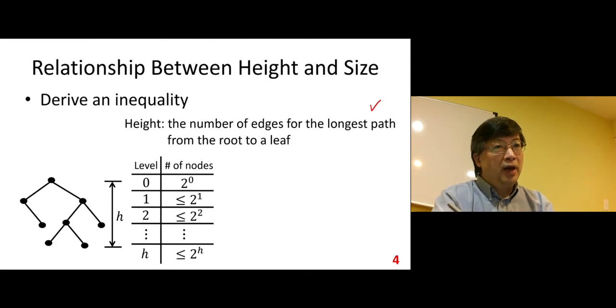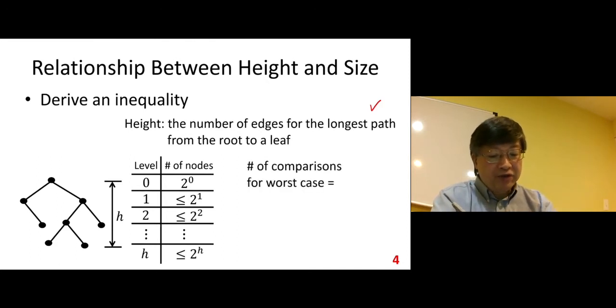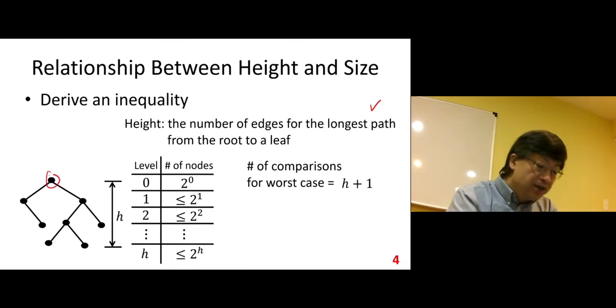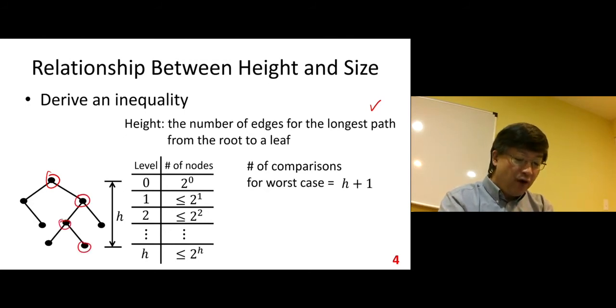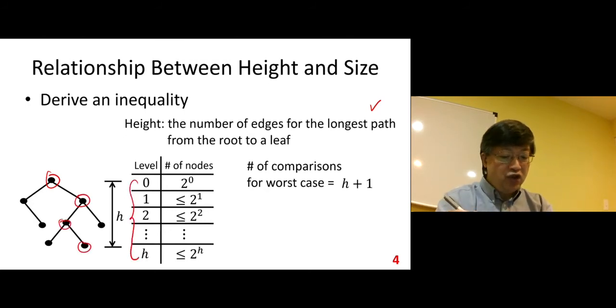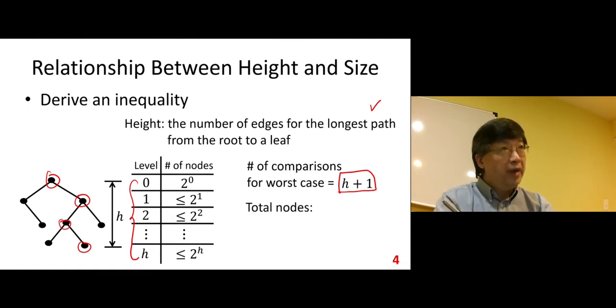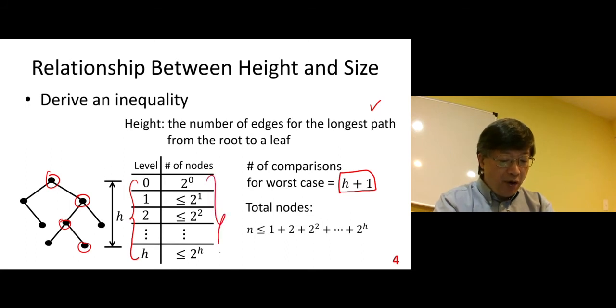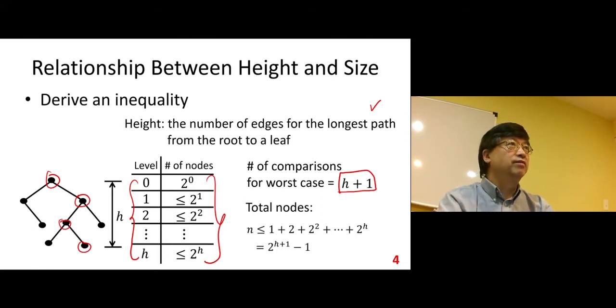So the number of comparisons for the worst case, we know is h plus 1. Because at the root you do one comparison, and at each level you do one comparison. From level 0 to h, you do h plus 1 comparisons. The total number of nodes you have is n. So you add up the numbers from all levels, and you get 2 to the h plus 1 minus 1.